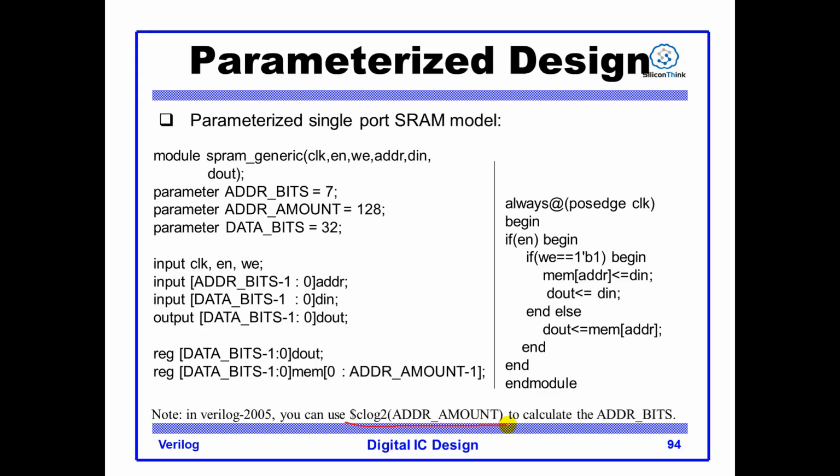The mathematical equation for this function call is shown here. The return value makes sure that 2 to the power of the result is bigger than or equal to the input variable.